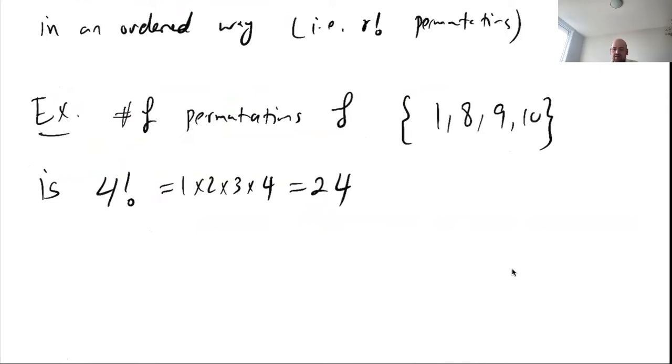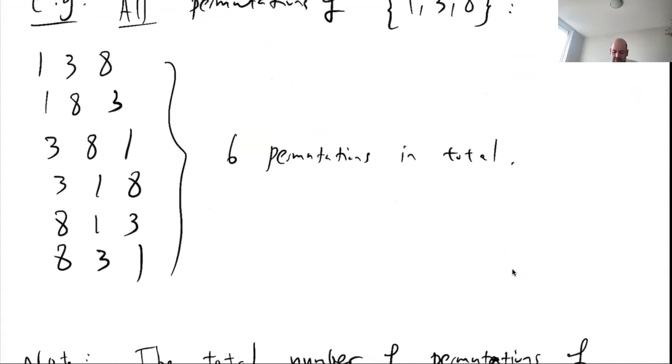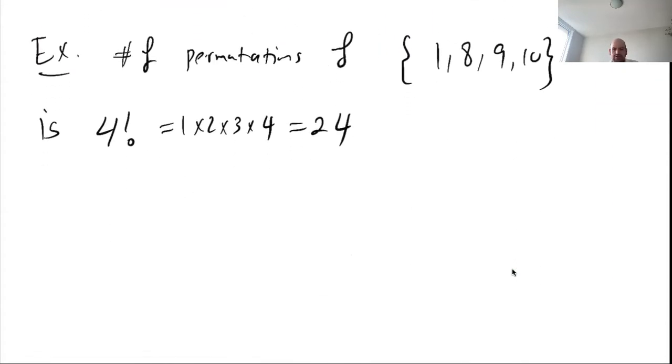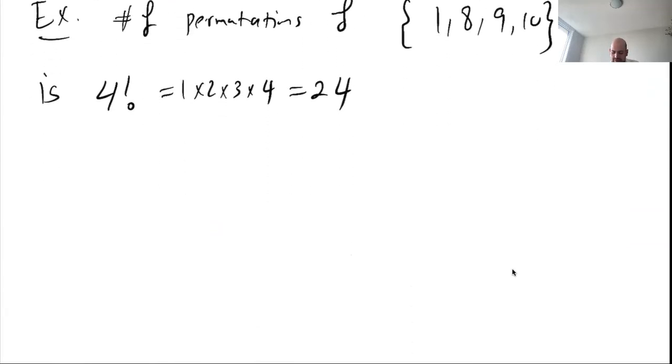You can also verify this by listing all permutations, like what we did for 3 elements here, and there were 6 of them. Here you can also list all the 24 permutations and verify the fact that this set has 24 permutations in total. Okay, so another note.